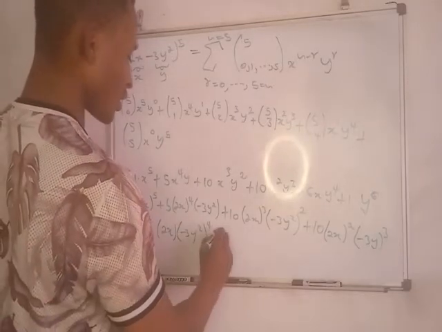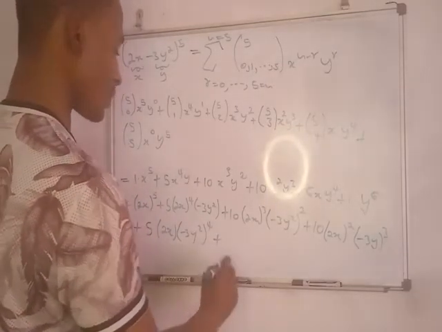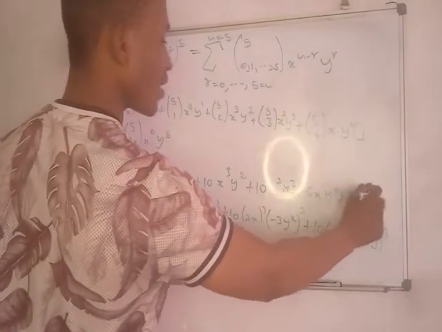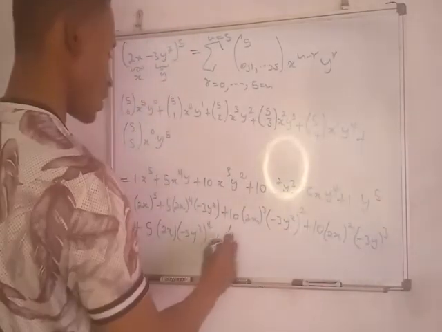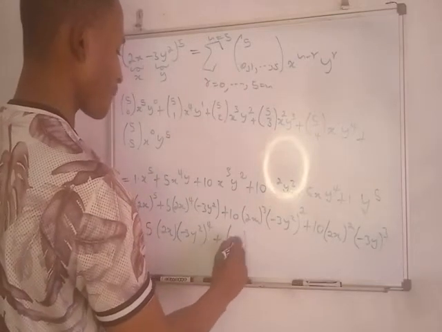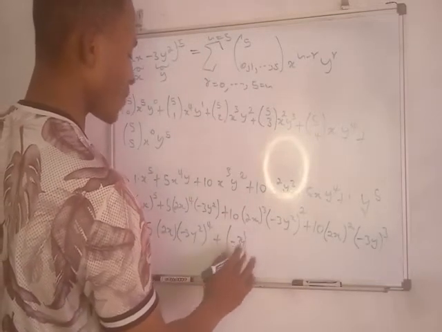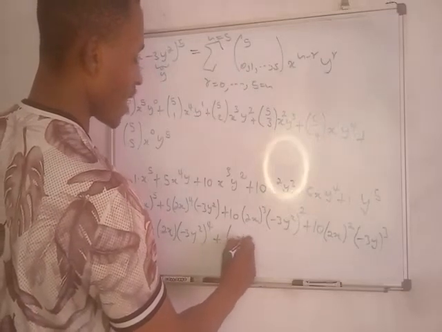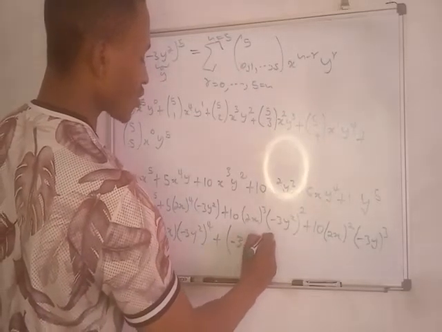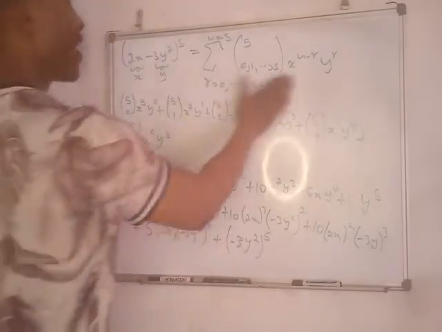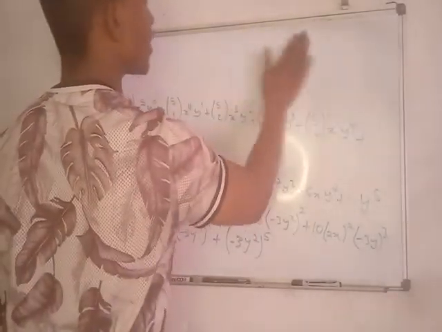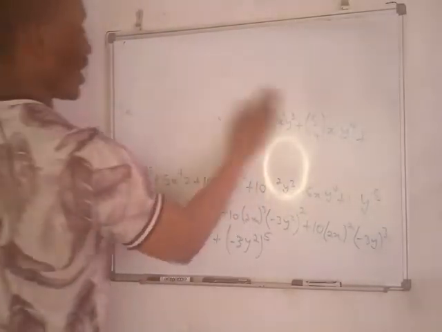Squaring is important. And my y to the 5 is minus 3y squared, to the 5. So I can erase this part, and even this one.